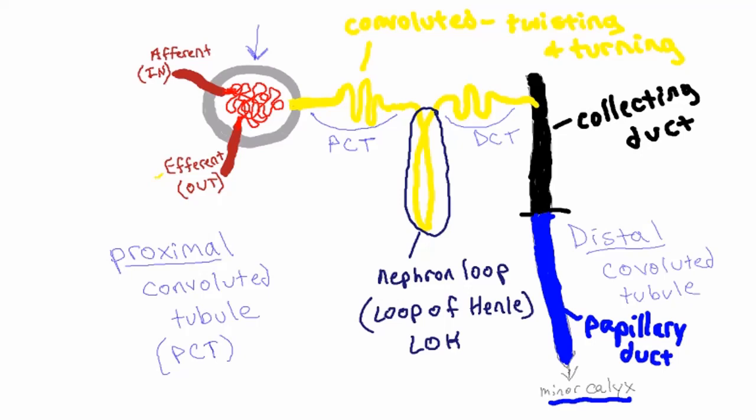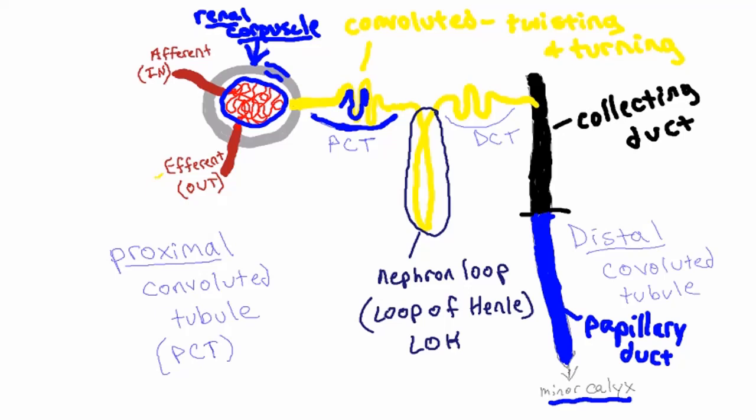So the renal corpuscle is the Bowman's capsule and the capillaries, the glomerulus, inside of there. Those two together are the renal corpuscle. And then there is the proximal convoluted tubule. It's called that because it's convoluted. It twists and turns. And then the loop of Henle loops down. And then another convoluted tubule because it twists and turns, and that's the distal convoluted tubule.